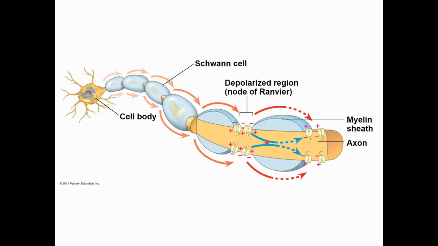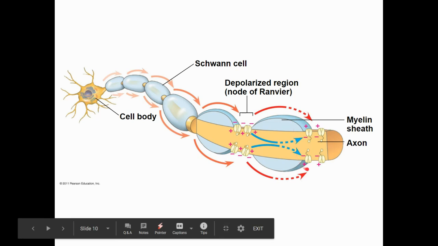They're going to diffuse again to the right and the left through the axoplasm. But this time, the only place they create a localized current is all the way across this Schwann cell. So we get a localized current affecting the next adjoining region at the next node of Ranvier.